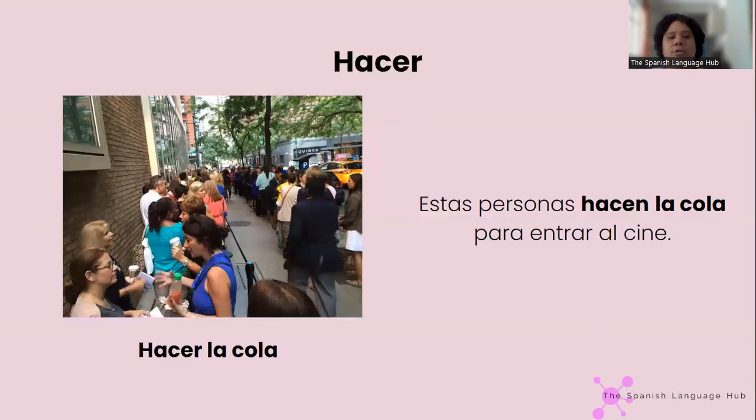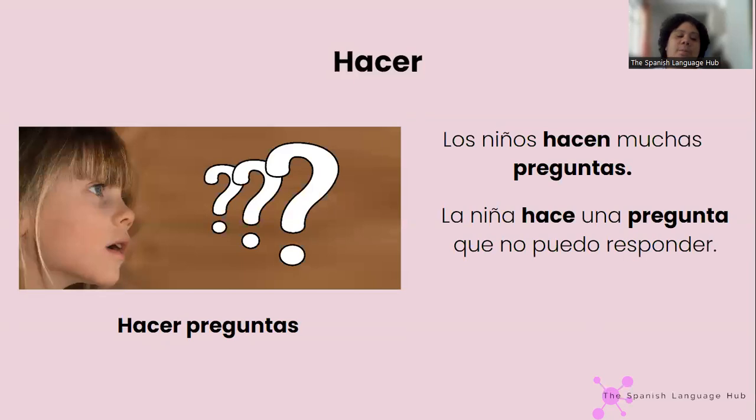Hacer la cola, to make a line. Estas personas hacen la cola para entrar al cine. These people are making a line to enter the movie theater. Hacer preguntas is to ask questions. Okay? Hacer preguntas, ask questions. Los niños hacen muchas preguntas.